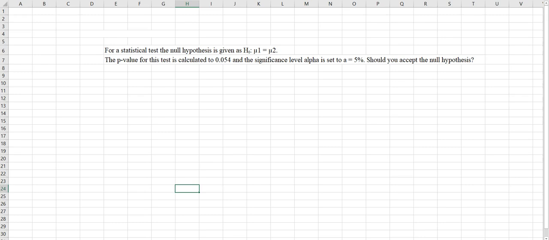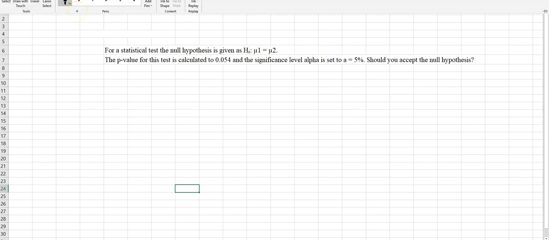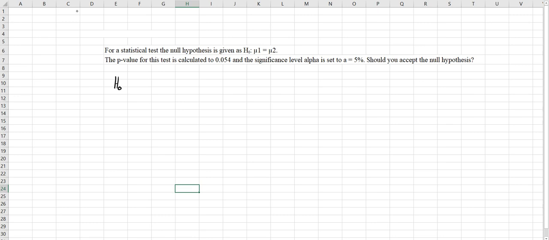So in this particular test, we want to evaluate whether we want to accept or reject a null hypothesis. Let's say we have done a test. We have, for example, said that our null hypothesis should be that there is no difference between the population means from which the two samples were taken.